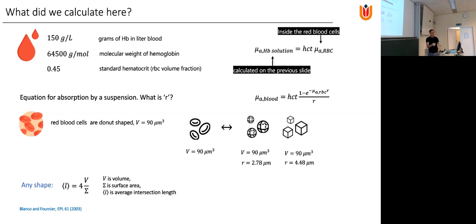So you can take any shape and draw straight lines through it from one point on the surface to another point on the surface. You can prove that the average length of these lines is determined only by the volume of that shape and the surface area. So this goes for cubes, but it also holds for these red blood cells.